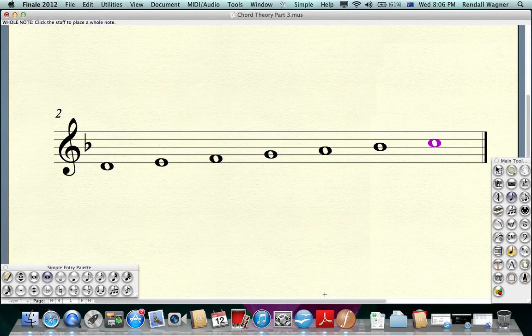So let's build our chords, and we just go through exactly the same thing that we did before, which is if we start on a space, okay, D's in a space, we put a note a third above and a fifth above in a space. Okay, and I'm going to go ahead and do that with all the notes of the scale. So we come up with our triads, and then we'll find out what those triads are.